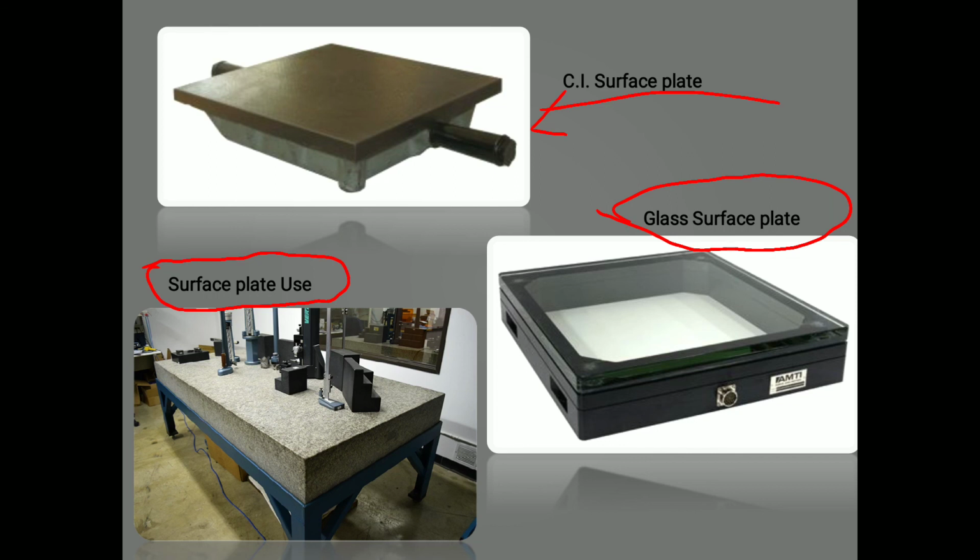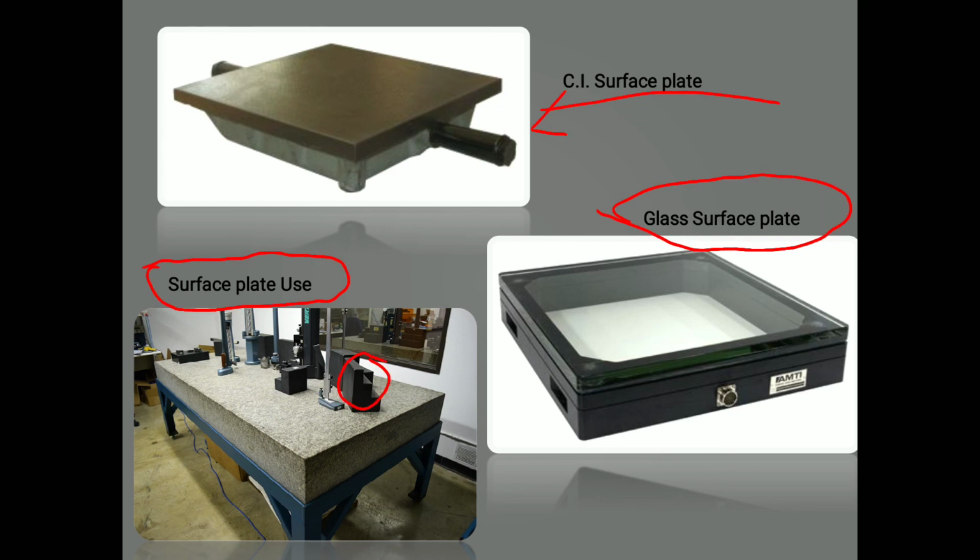All the devices or instruments are kept on the surface plate, and the procedure of taking readings is done using the same surface plate. This is corrected with the datum reference, and it is made zero with the horizontal plane, and finally the readings are taken. Here it is the angle plate.